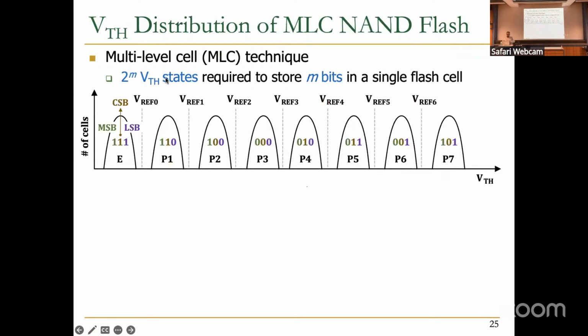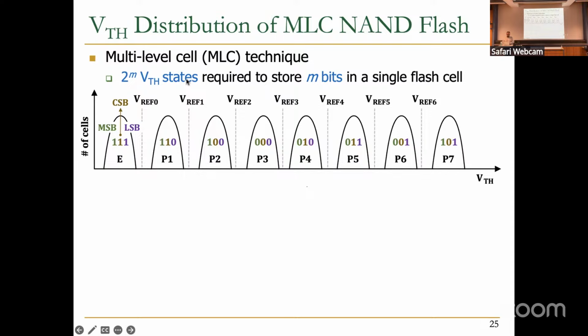And we can also chunk this window of threshold voltage into several regions, and with that, we can store several bits. For example, when we want to have m bits, we need to have 2 to the power m threshold states, essentially.